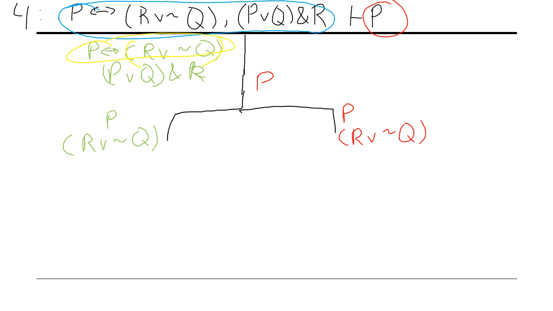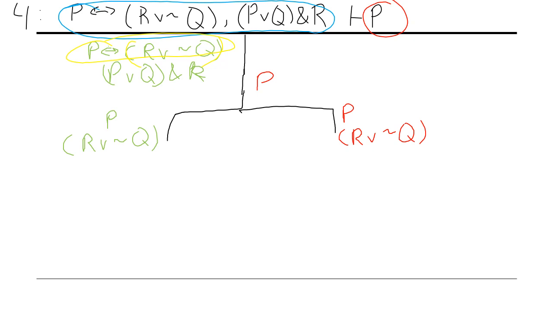So remember, for the double arrow, if they both match, it's true. If they don't both match, if the left side's true and the right side's false, or the right side's true and the left side's false, then it's false. So double arrow, matching true, not matching false.